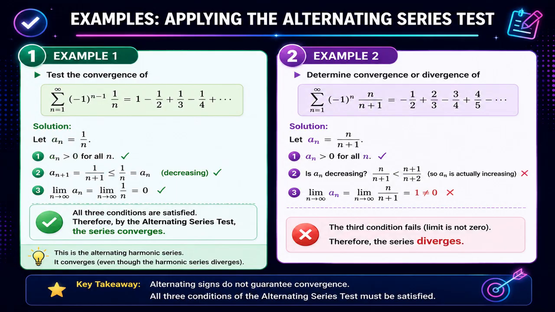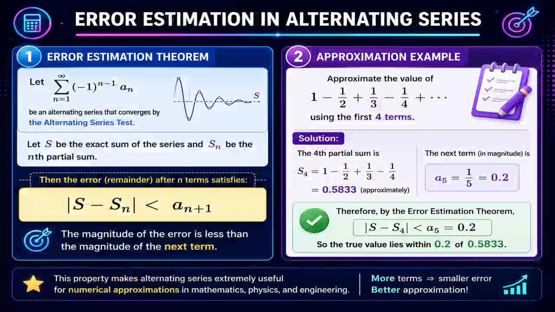Our key takeaway here is vital. Alternating signs alone do not guarantee convergence. You must satisfy all three conditions. One of the most beautiful and practical properties of alternating series is how easily we can estimate their errors.